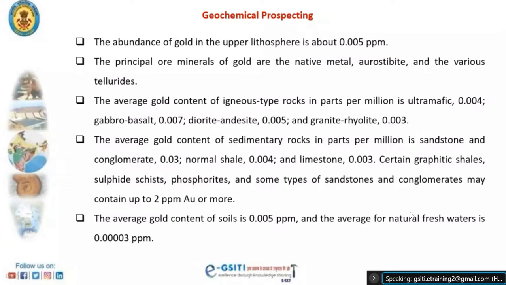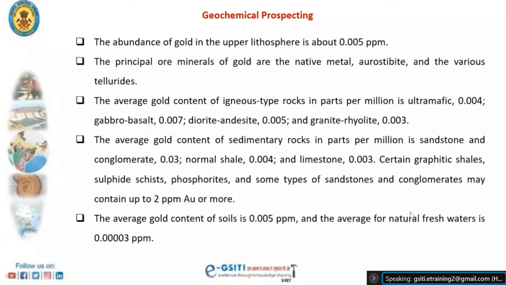You will find it at the ppb level, parts per billion, in almost all rock types. But to get an anomaly, around 1 ppm, or 1 gram per ton, you need certain rock types. Those are the rock types we need to target.